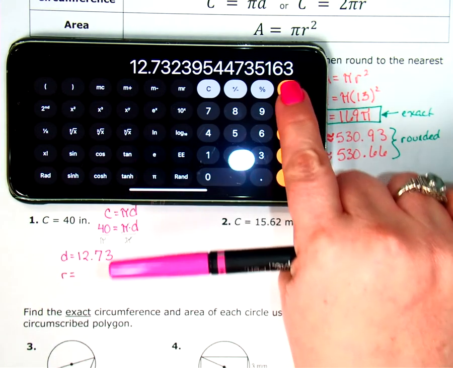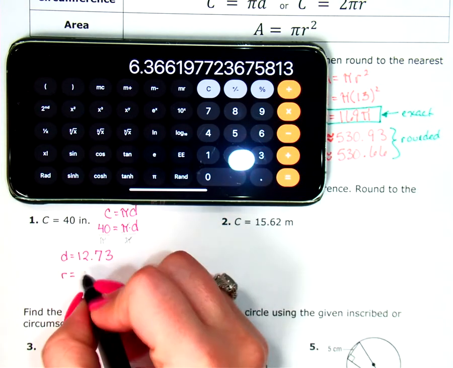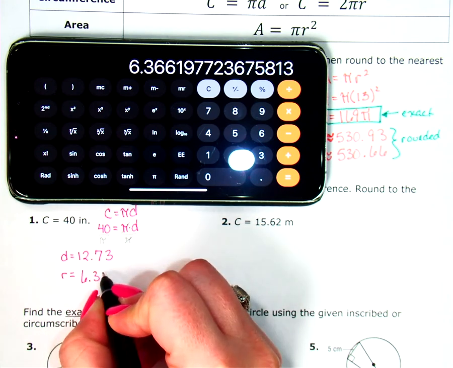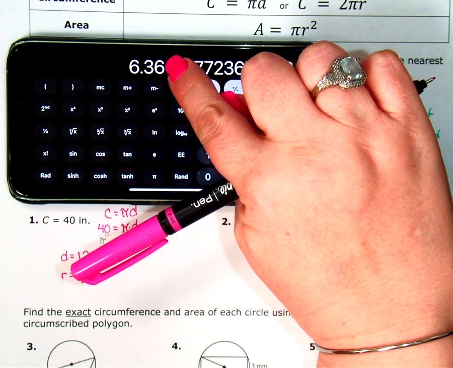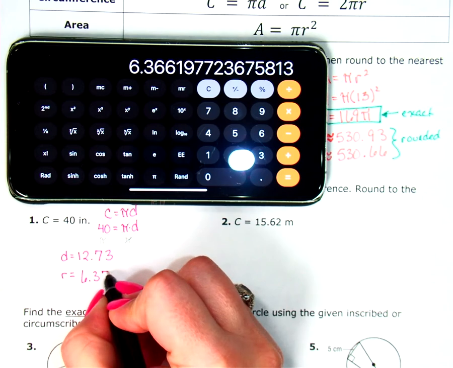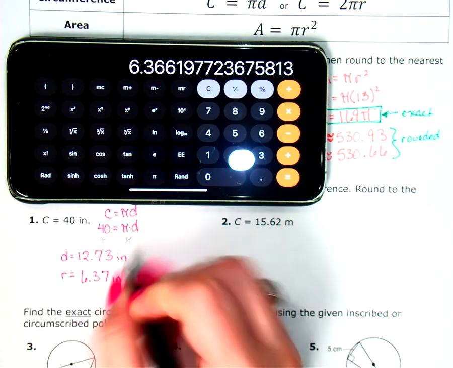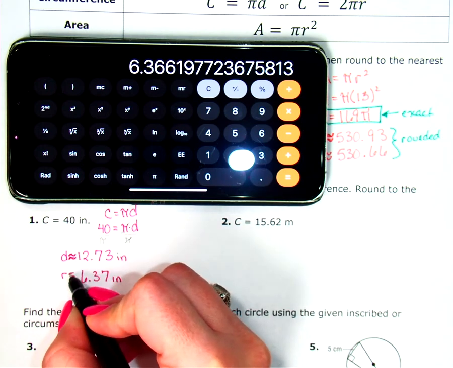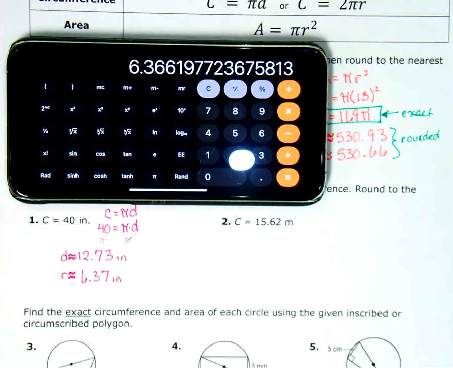So I'm going to take this answer and hit divide by 2 on my calculator. And I get a radius of 6.36, but after the 6 is another one, so that's going to round it up to 6.37. And these are inches, so these should also be inches. And since we used the pi button in the calculator, we probably should put approximately equal to.